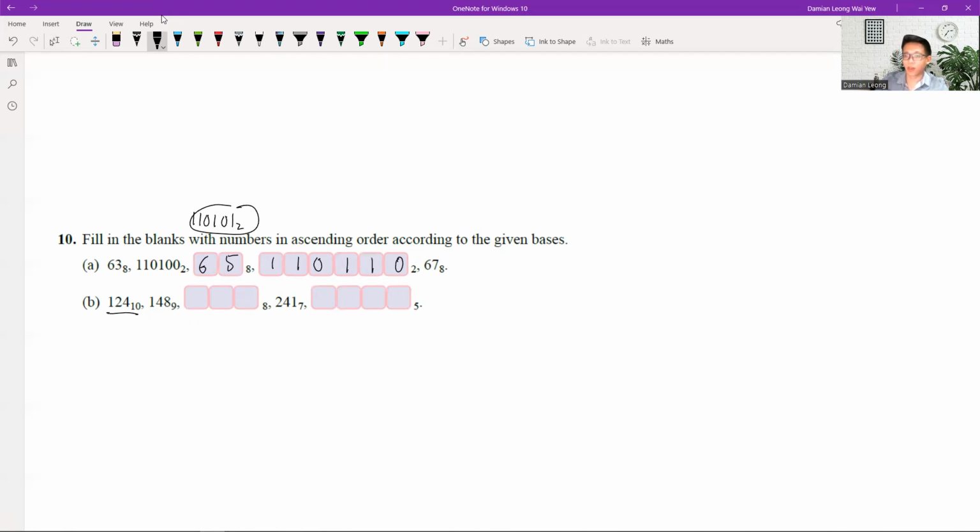Sorry, it's either 125 or you will decrease to 123. Wait, sorry, no, it's all ascending order, my bad. So let's just check whether it's increasing 1 by 1 or not, just to double check.